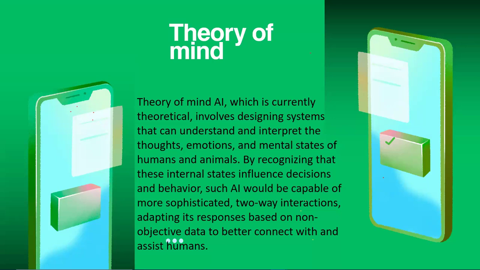So the goal is having these machines that can understand these emotions, study these emotions, interpret these emotions, understand the mental states of people and animals as well, so they can better interact with people. Right? Now, because they are able to understand these emotions and these mental states, they are able to effectively and more precisely interact with people and their environment.